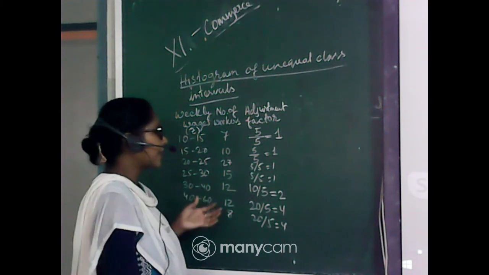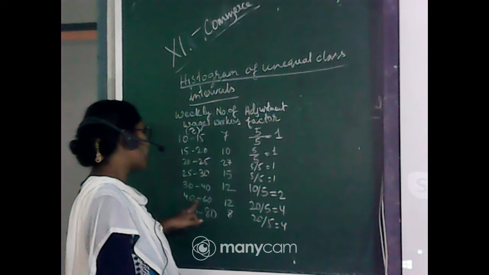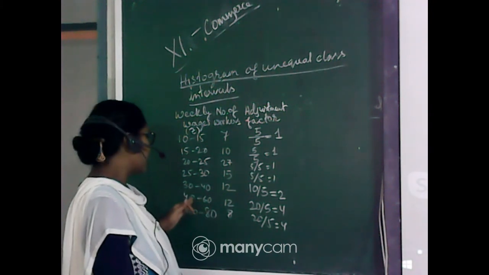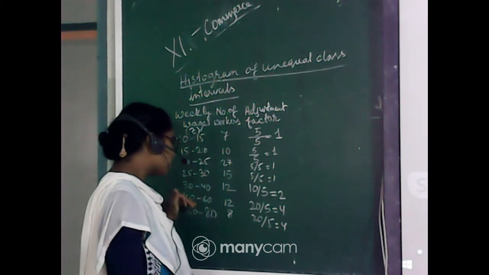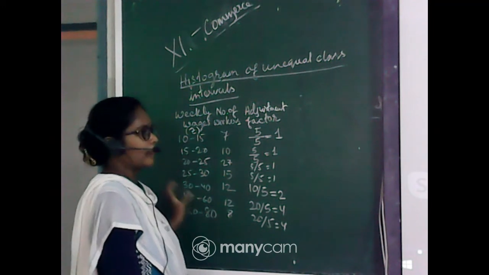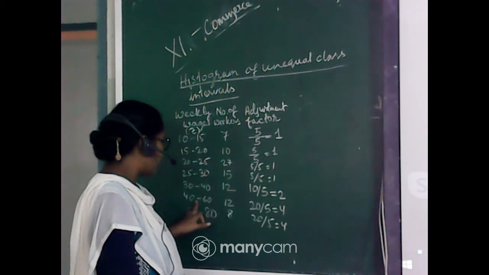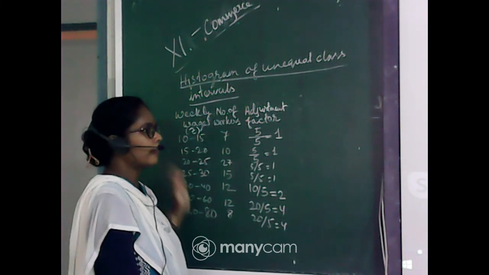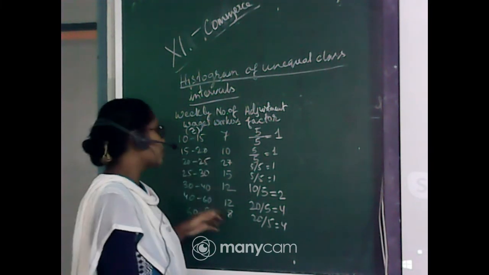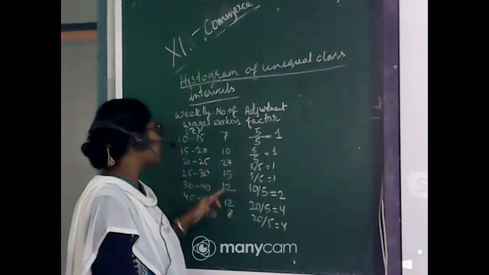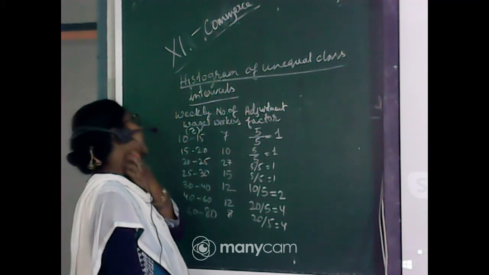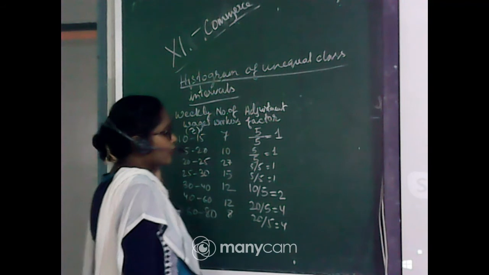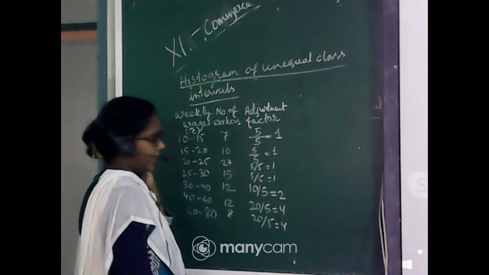If it is 4 times, as in 40 to 60 where the class interval is 20, the frequency, the number of workers, we divide by 4.